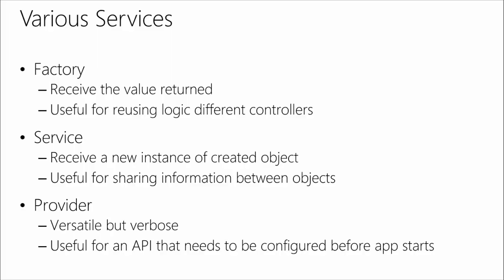There are a couple of different kinds of services within Angular. There's a factory service, which is something that we're going to use. These are a bit complicated as concepts because they're all fairly similar. But basically, a factory will return a value to you, and you're going to receive the value that is returned.